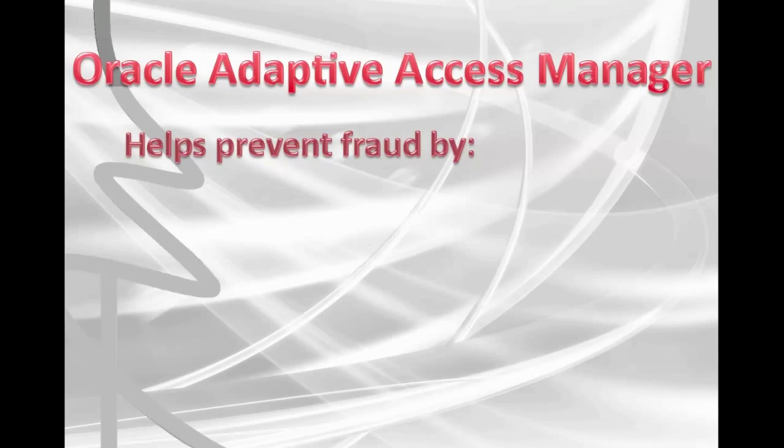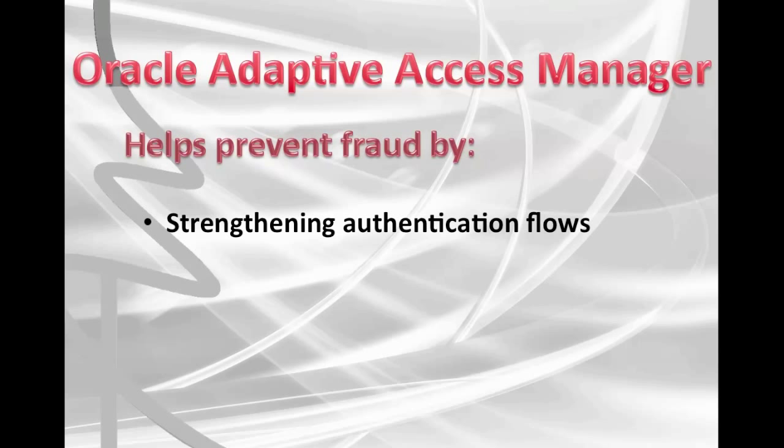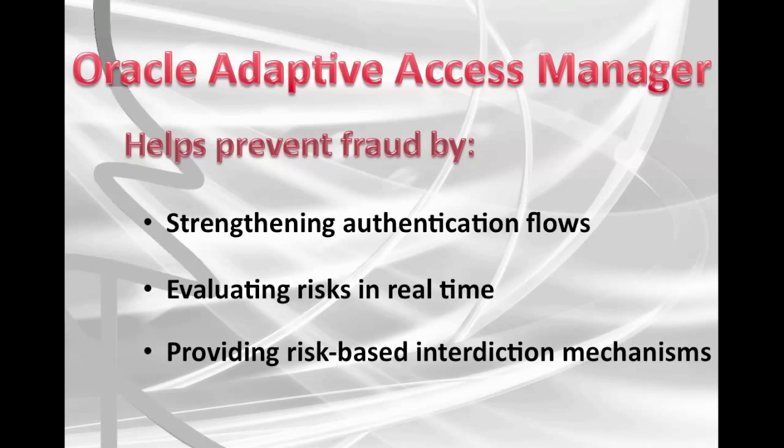Oracle Adaptive Access Manager allows organizations to prevent fraud and misuse by strengthening existing authentication flows, evaluating the risk of events as they happen, and providing risk-based interdiction mechanisms such as multi-factor out-of-band authentication. Intuitive policy administration and standardized integrations with the Identity and Access Management Suite components make Oracle Adaptive Access Manager uniquely flexible.